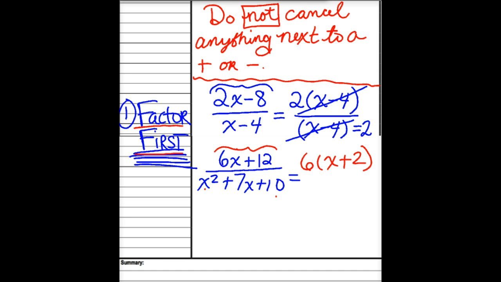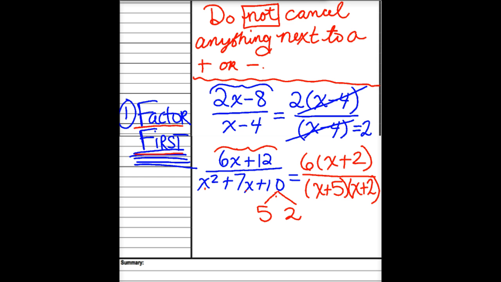The bottom, nothing comes out of all of these, but I should recognize this from the last chapter that I can unfoil it into x plus 5 times x plus 2.